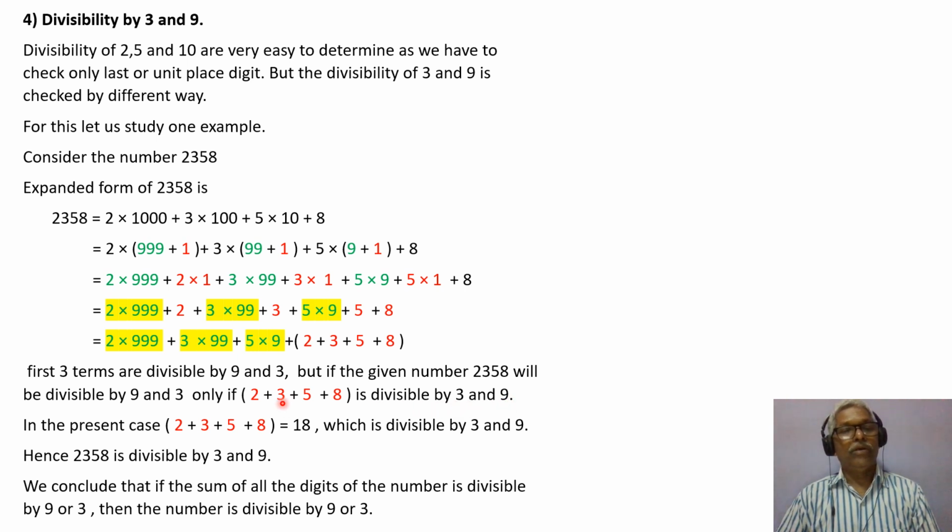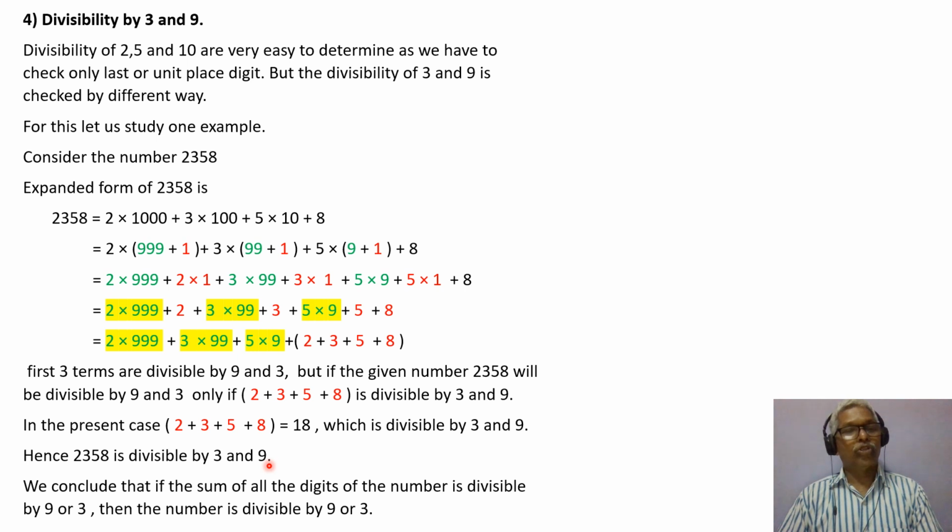This part is divisible individually, and the whole number will be divisible if this is divisible by 3 and 9. In the present case, 2 plus 3 plus 5 plus 8 is equal to 18, which is divisible by 3 and 9. Hence 2358 is divisible by 3 and 9.